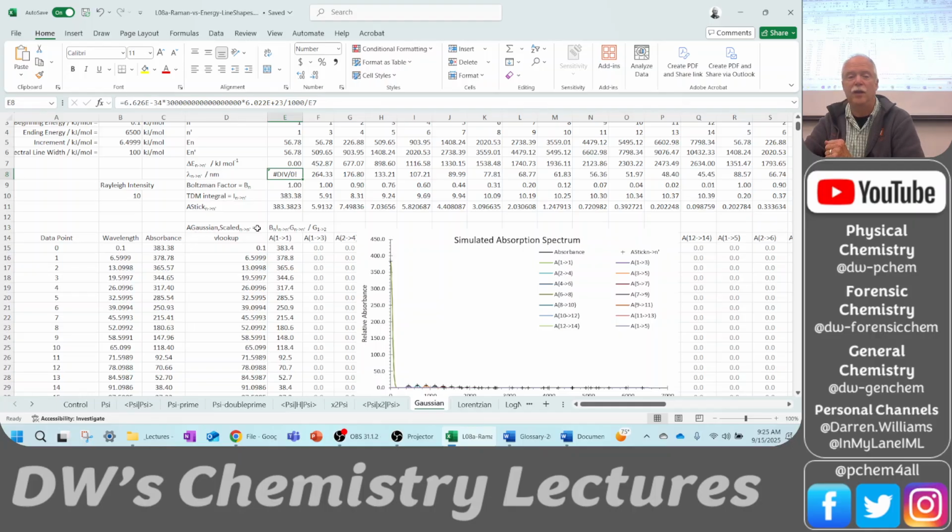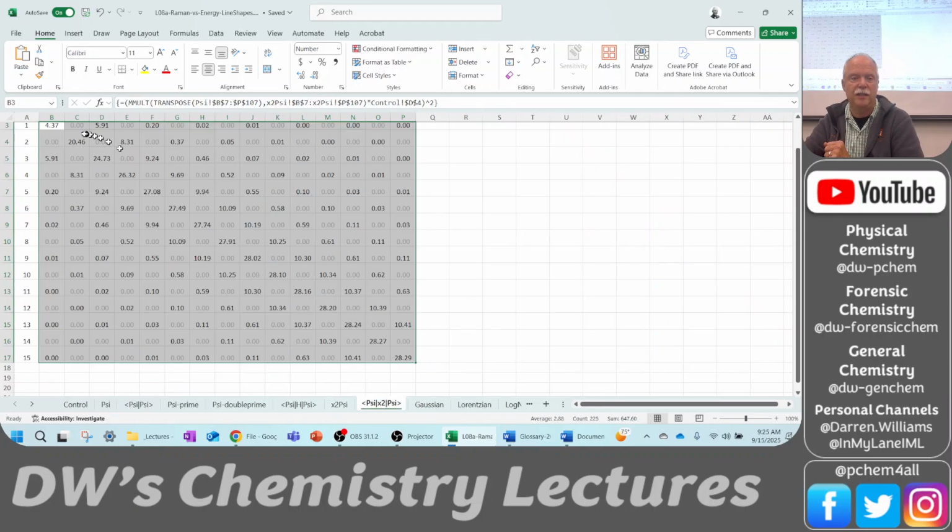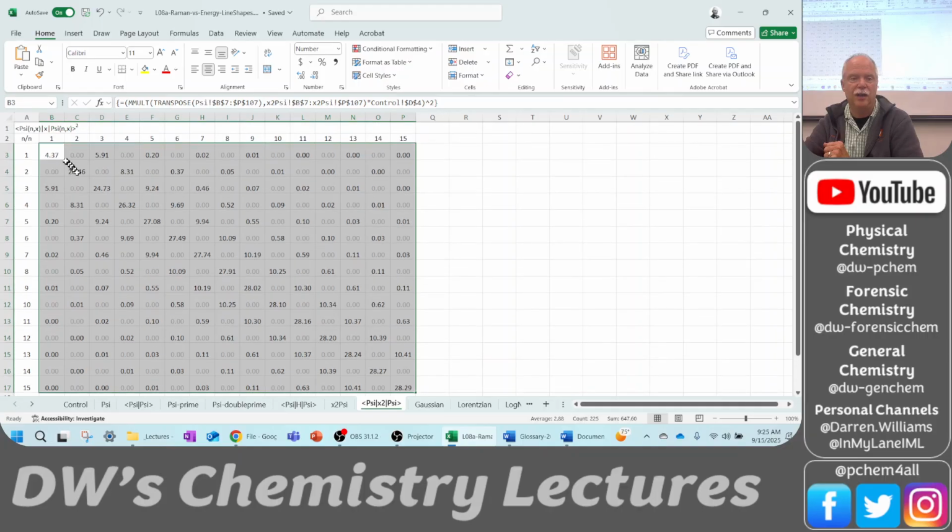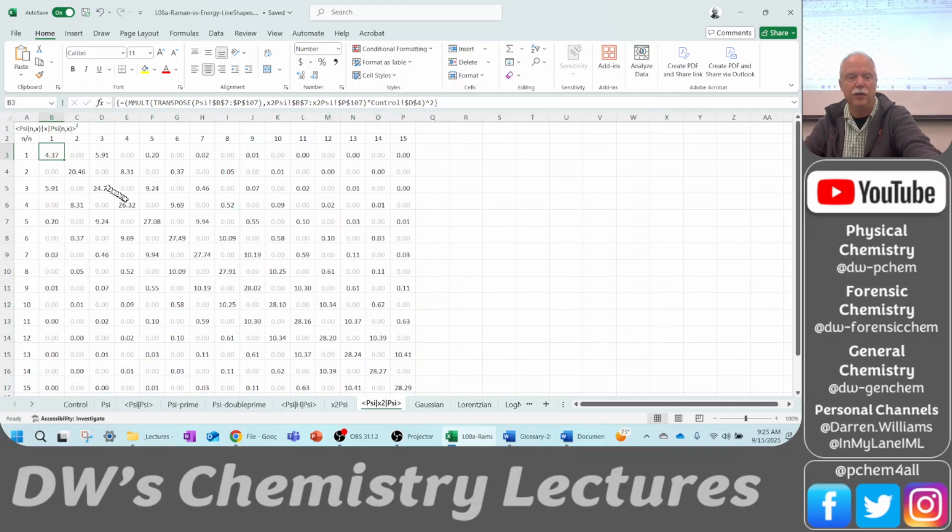And so how do we get the intensity of the Rayleigh line? This diagonal here is all the intensities of the Rayleigh line. And notice that Rayleigh scattering is always at the energy change of zero because it was from state 1 to state 1 or state 2 to state 2.